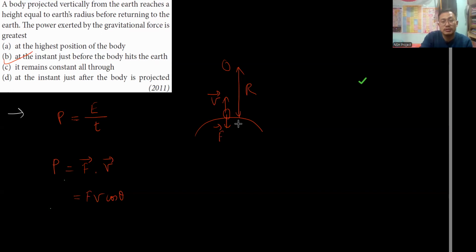Just before it hits the earth, F is downward and V is downward, so cos theta is cos 0 degrees, which is 1. So P is equal to F V if theta is equal to 0 degrees.